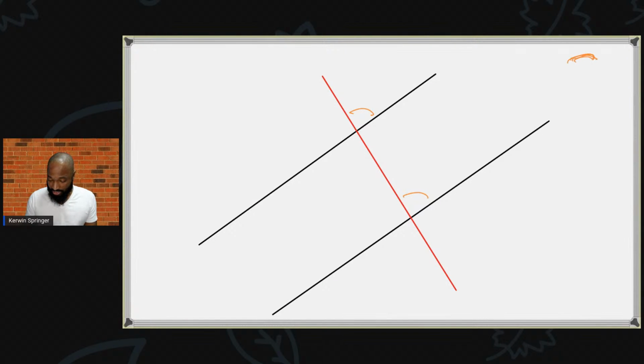So this one, the orange, that's corresponding. If I do a setup like this, now you can have different corresponding, like this is corresponding to that, so that'll be equal. But if I do a setup like this one here with this one there, with the green, you call that alternate. You get the vibe, it's alternating.